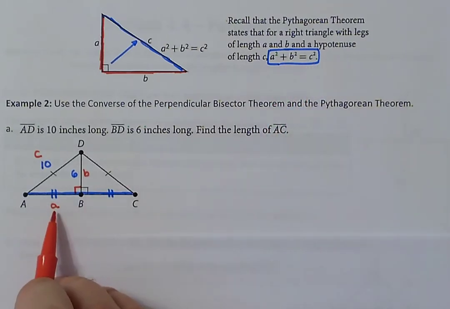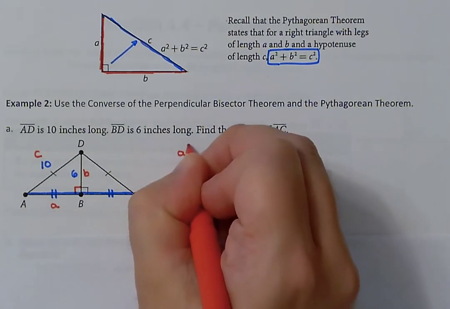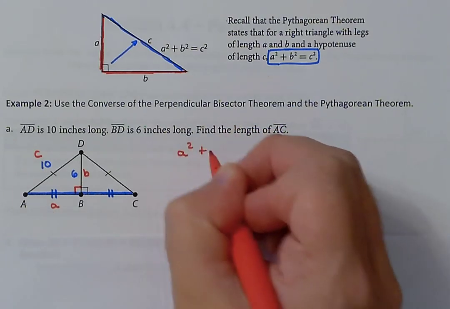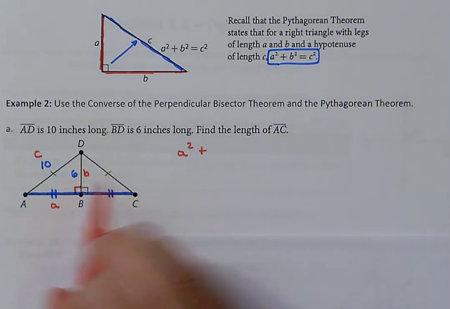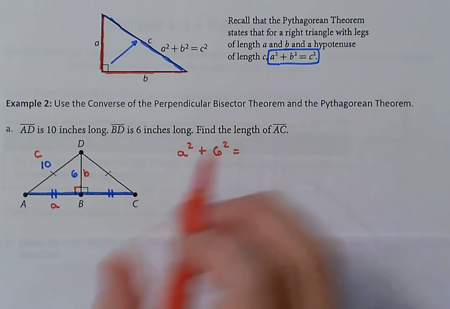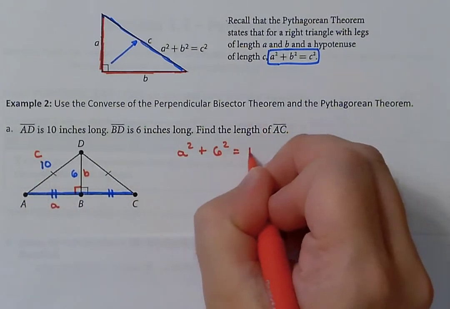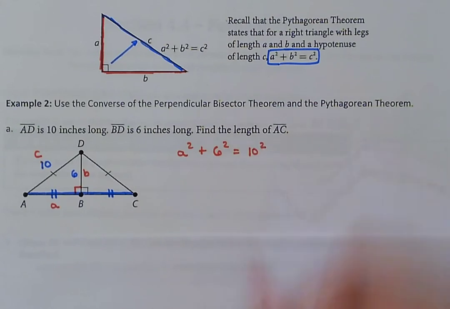My a squared, I don't know what it is, so we're just going to call this a squared, plus b squared, which is 6 to the power of 2, equals c squared, which is 10 squared right there. I have to go through and solve for a.